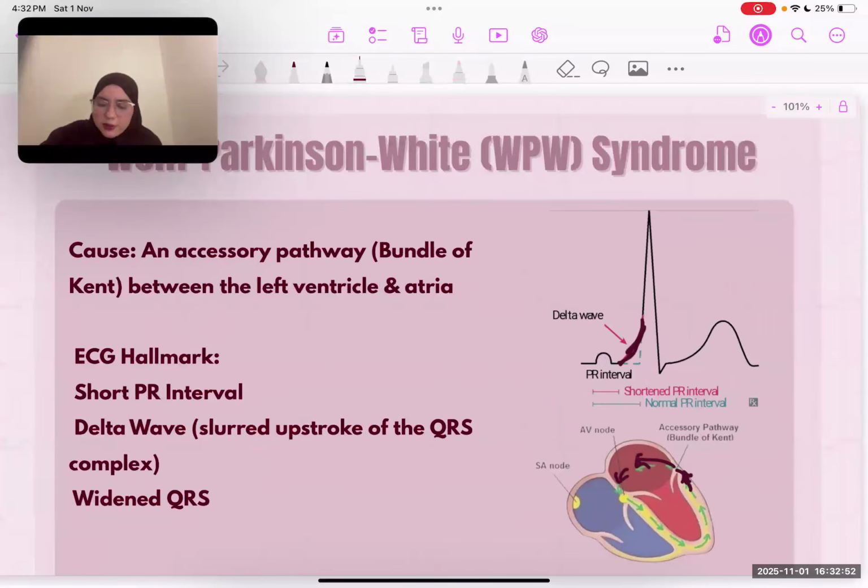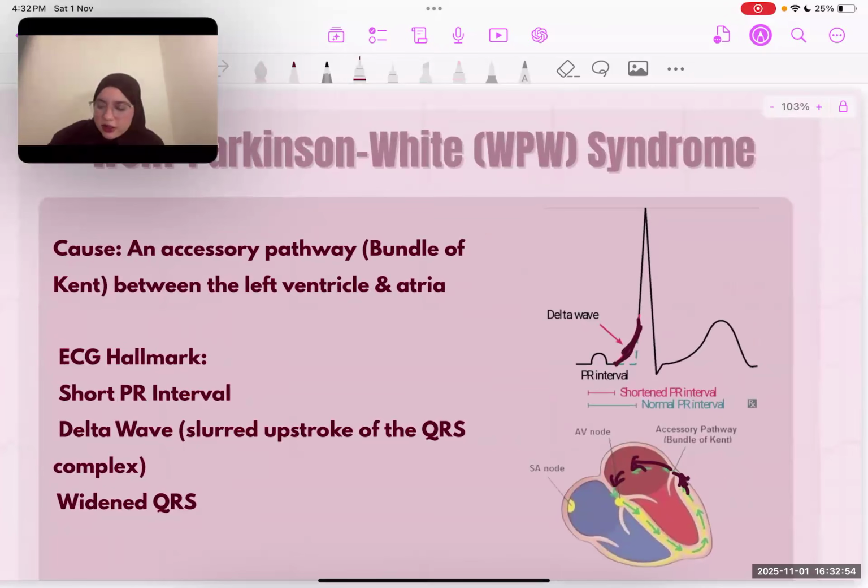Okay, so VPW. First of all, what is it? It's a congenital defect where you have an extra accessory pathway, which is the bundle of Kent. So your depolarization is going from the left ventricle back to the atria. So it's going like this, back, and it's a whole circle.